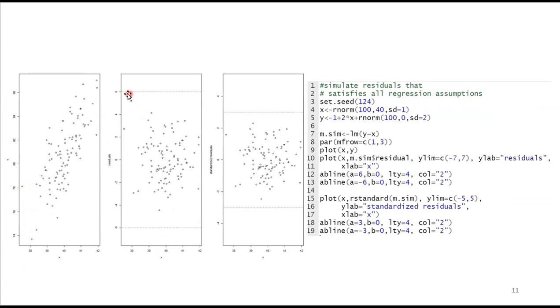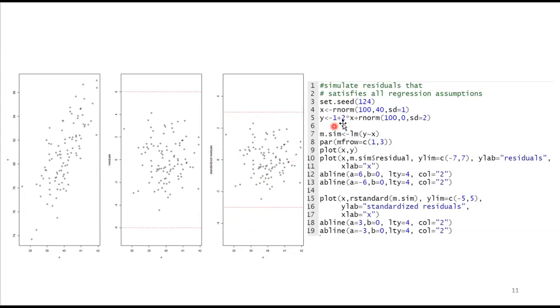If we look at the scale here, it goes from 6 to -6. To better spot outliers, we standardize instead. In this third plot, we plot the standardized residuals. Now it's more narrow, and I've drawn here the bands at plus or minus 3. Anything falling outside that, we'll consider a regression outlier.